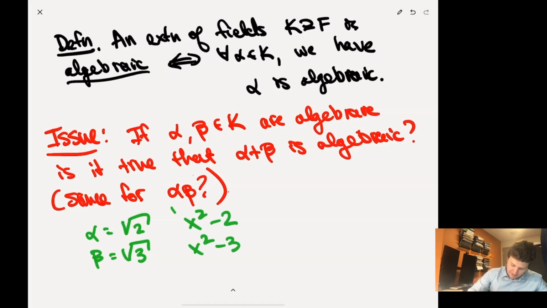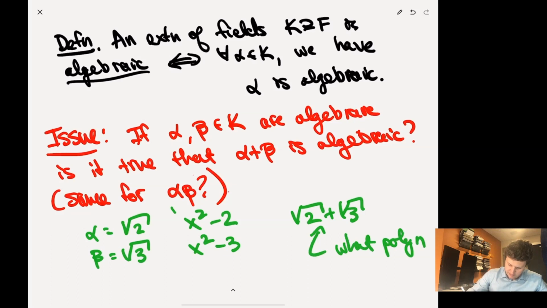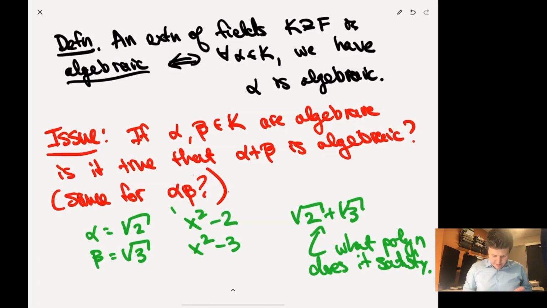So what polynomial does the square root of 2 plus the square root of 3 satisfy? It's not even clear from the definition. You could take some totally random thing satisfying a degree 100 polynomial, another satisfying a degree 1000 polynomial, and if I add them together, why on earth would it be algebraic at all?